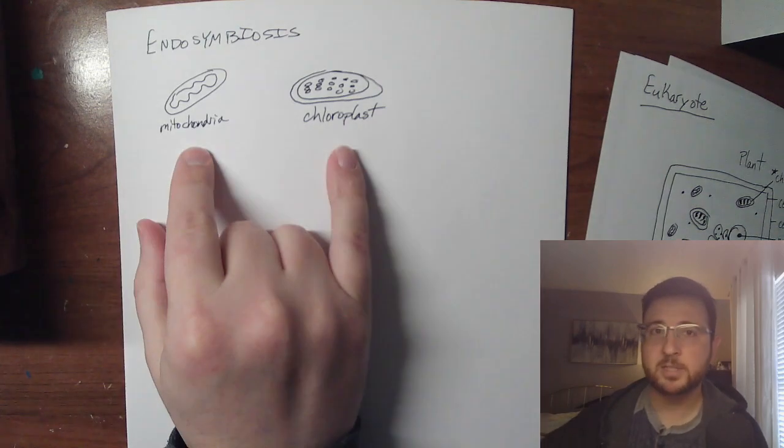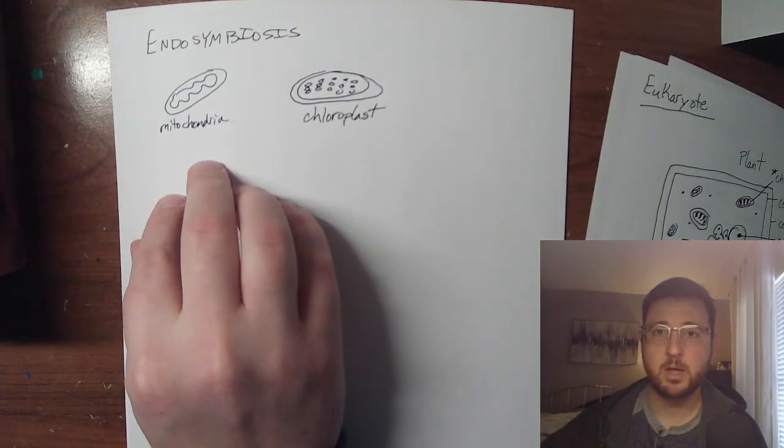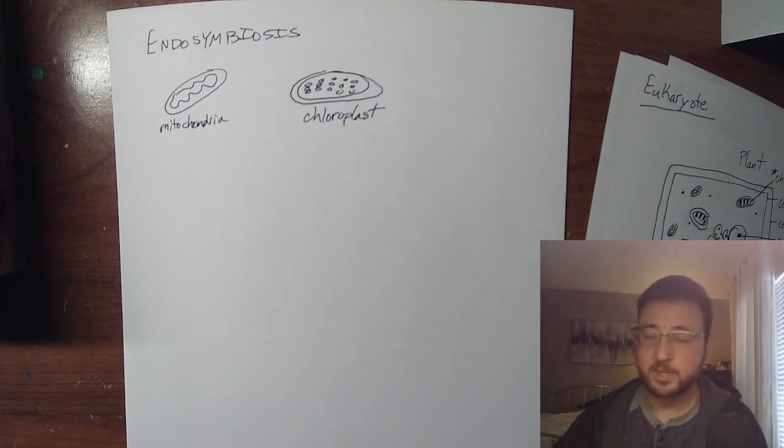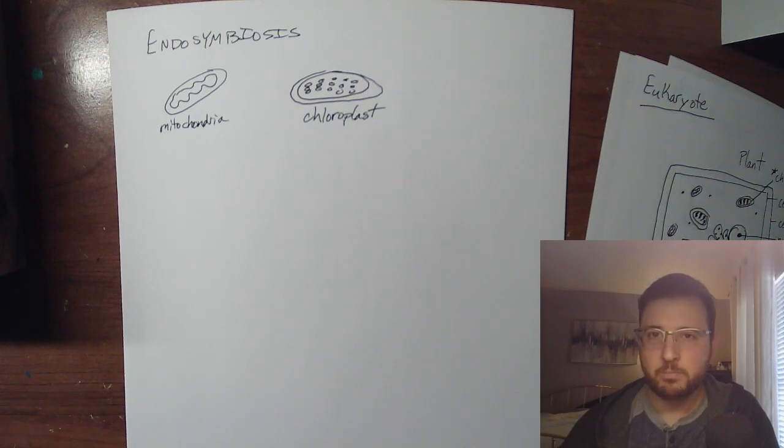And having a cell inside of another cell allows for much more complex metabolisms. I want you to think of a one-room hut. Everything that the cell does has to happen in that room. Everything that somebody does who lives in a one-room hut has to happen inside of that room.